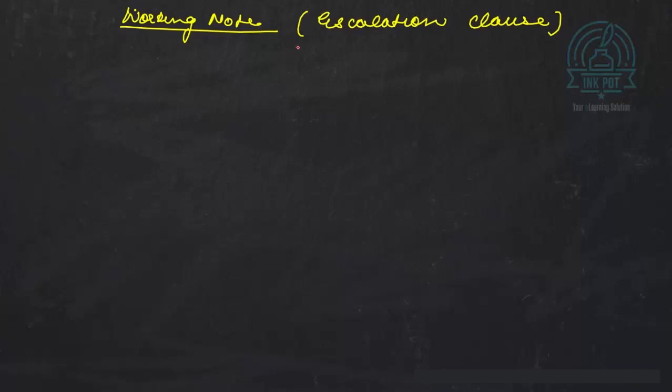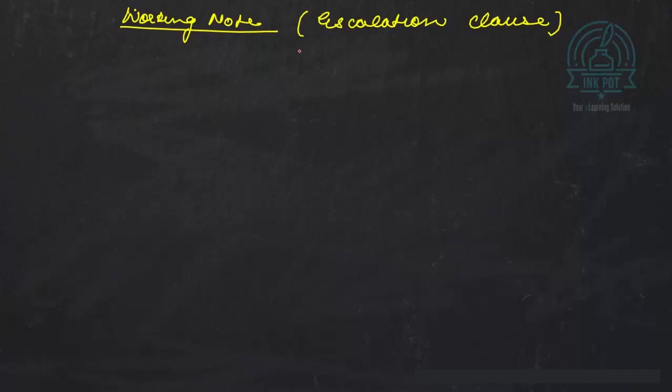Now what was the escalation clause? It says that in the event of price of material and rates of wages increasing by more than 5%, the contract price will be increased accordingly by 25% of the rise in cost of material and wages beyond 5% in each case. So we have to calculate the rise in price of material and wages first, and once we know how much the rise is, then we will increase the contract price by 25% of that amount.